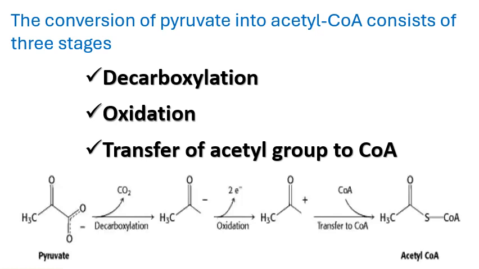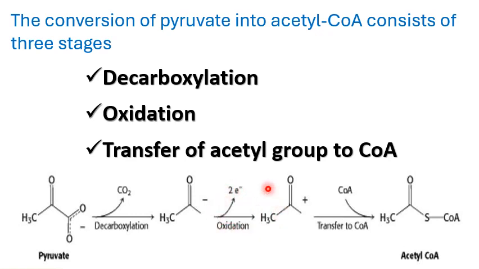So if we look at this diagram, you find out that the pyruvate, which is a 3-carbon compound, loses CO2, and that is the decarboxylation process. Now, the acetyl group that is formed is oxidized, okay?